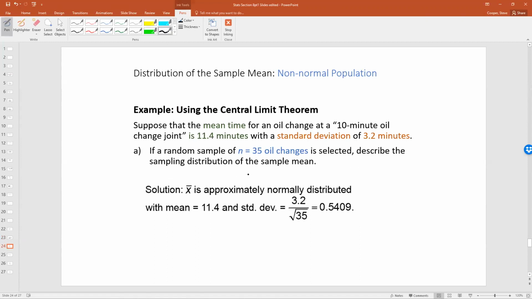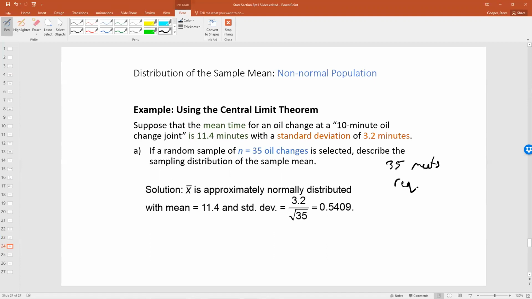So this particular location, the mean time for the 10-minute oil change place is 11.4 minutes, and their standard deviation is 3.2 minutes. So if we get a random sample of n equals 35 oil changes, let's describe the sample distribution of the sample mean. Well, we've hit that upper limit of 30, so 35 meets the requirement.